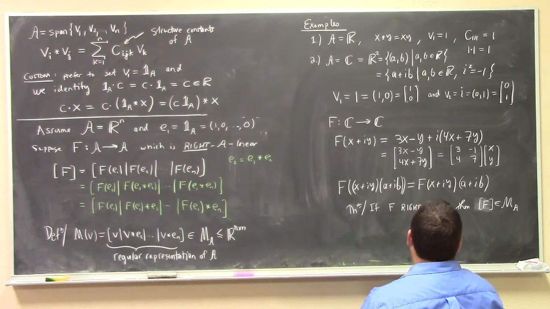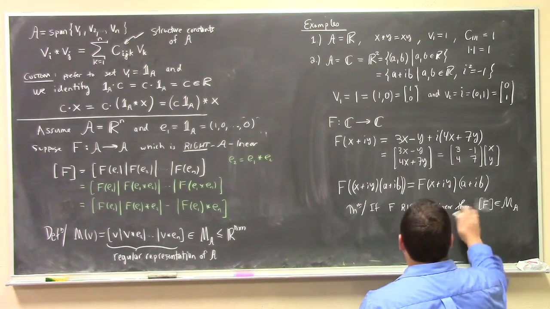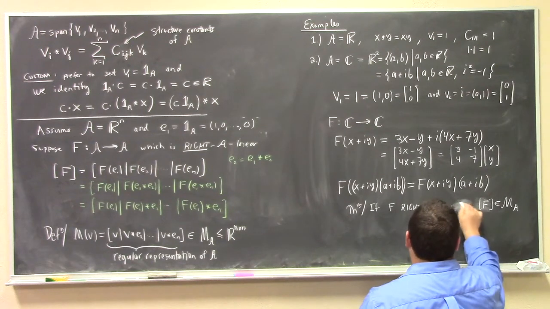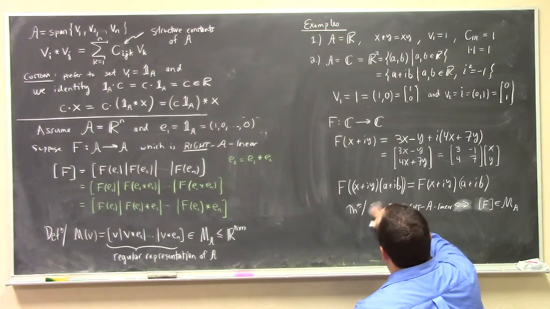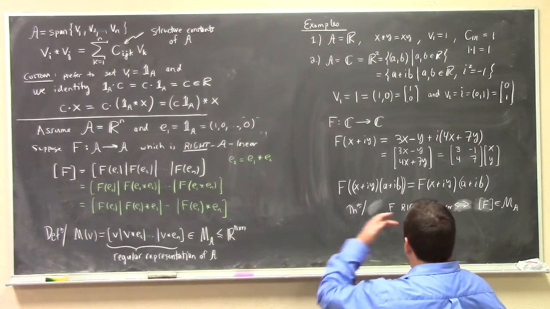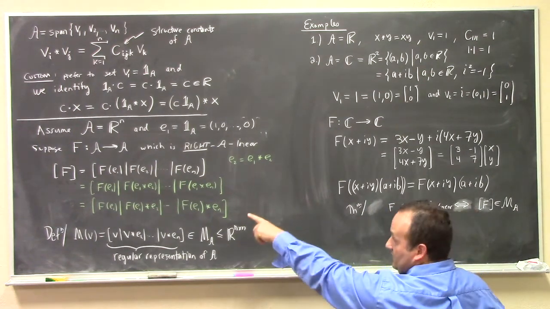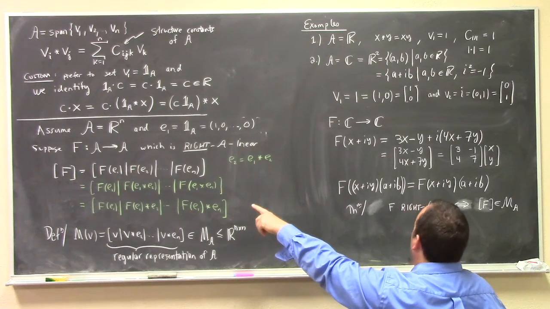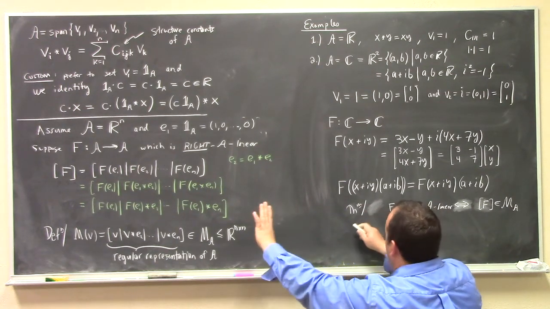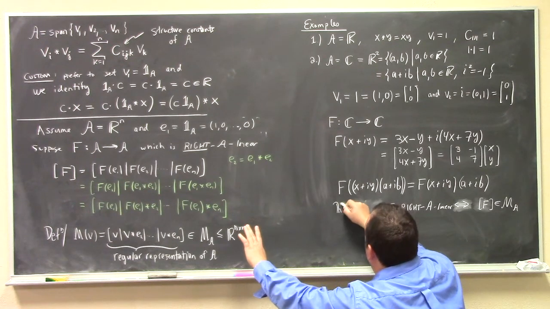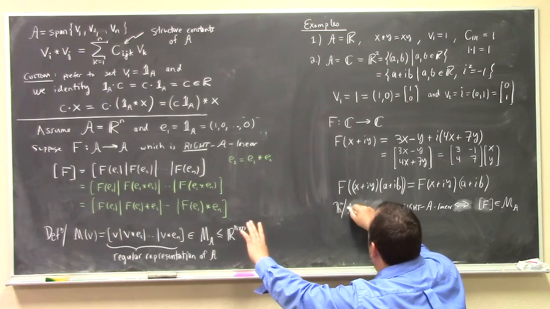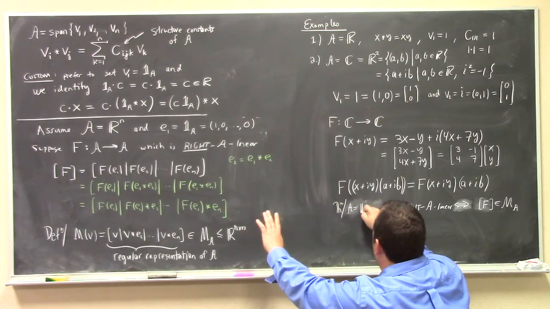And in fact, this is not just an if-then. You can make this an if and only if, because I proved the forward implication of this over here with this calculation. And this is context here. I'm assuming, for brevity of discussion at the moment, that A is equal to R^n.